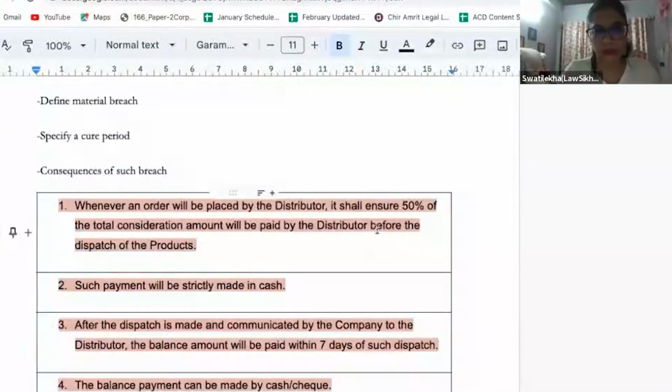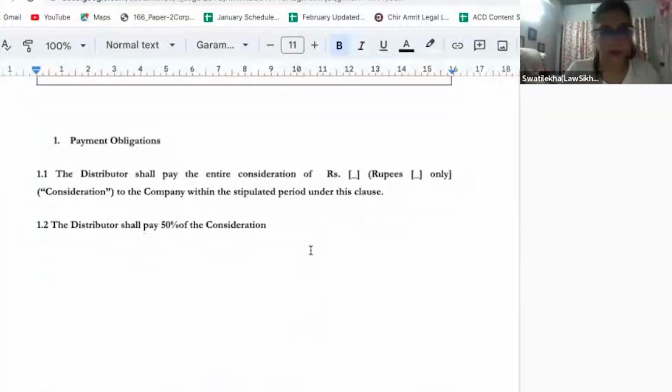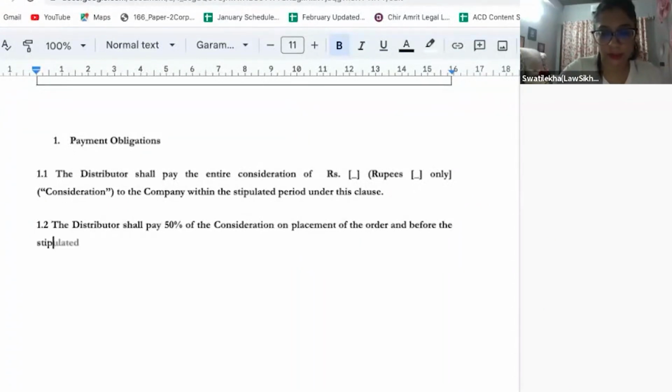What is the schedule they have said? Pay before the dispatch of the product. Okay? So I have to capture this: 50% of the Consideration on placement of the order and before the stipulated dispatch.